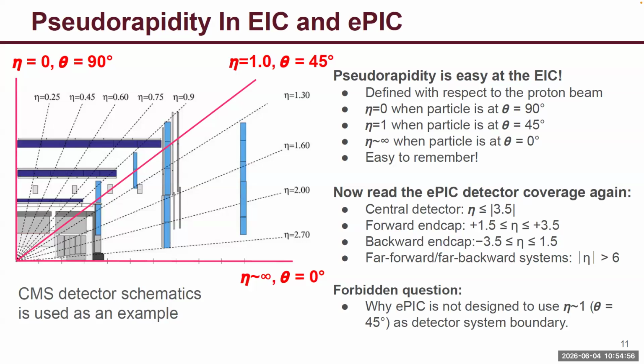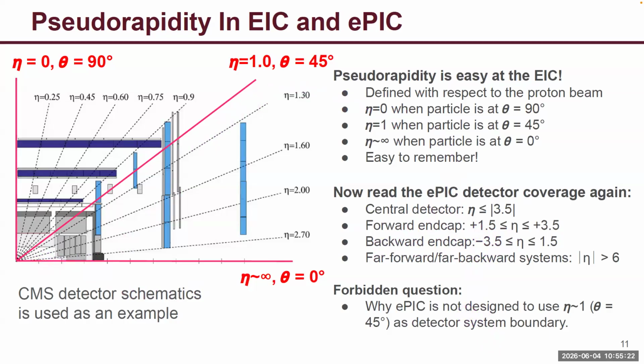Then why don't we use a 45-degree angle as a boundary, right? Because if you look at the forward and endcap coverages, it's actually 1.5 and beyond. Any guesses? This is actually one question that you are forbidden to ask.